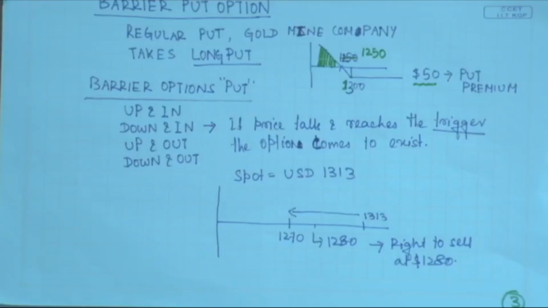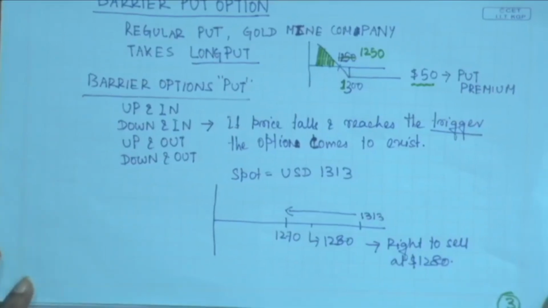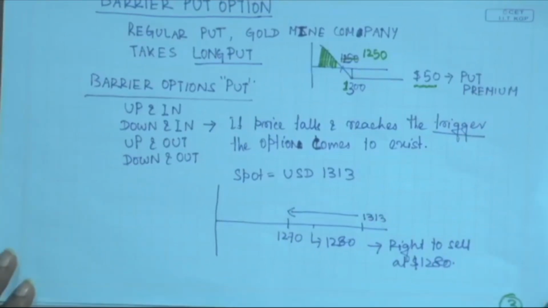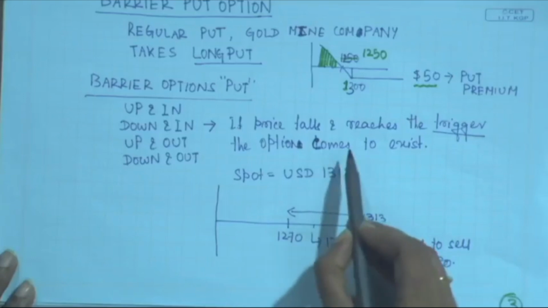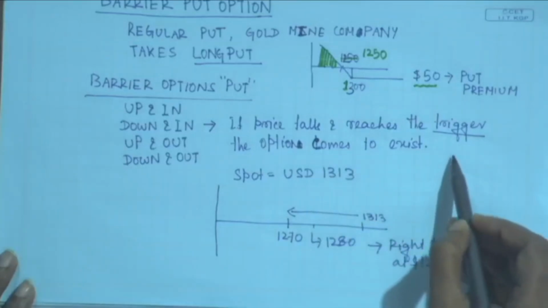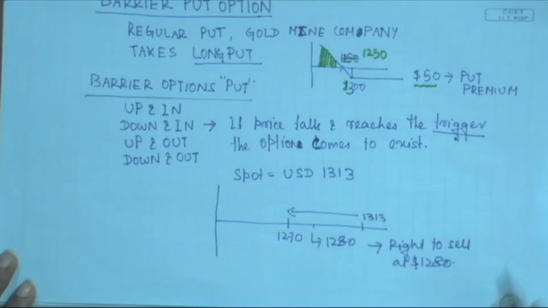Now with respect to the down and in contract, what will be the option features? You will have a strike price, and you will also have a trigger price. So what is the strike and trigger price?